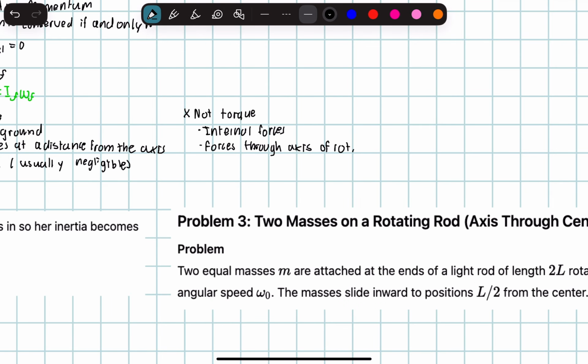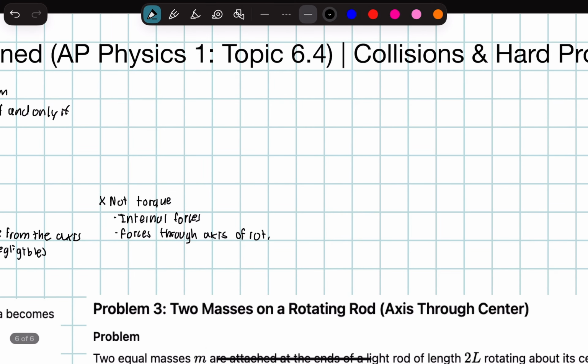Another thing you need to know is the difference between energy and angular momentum.